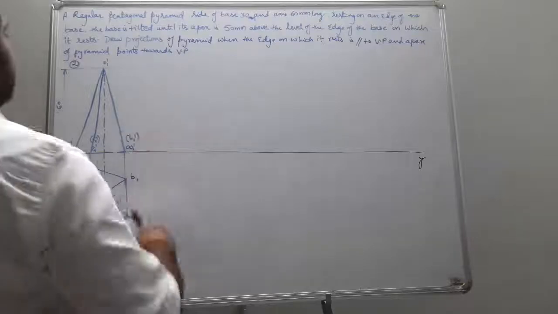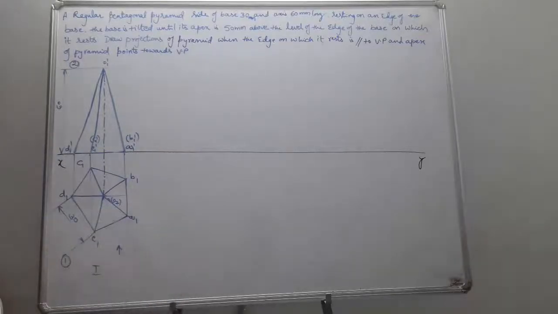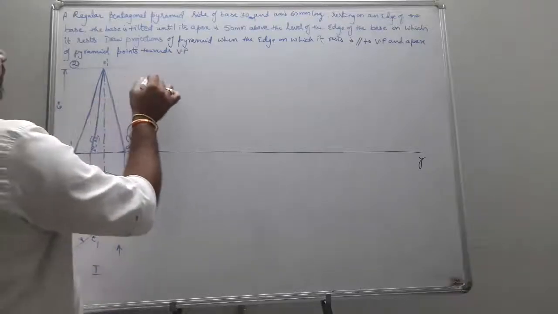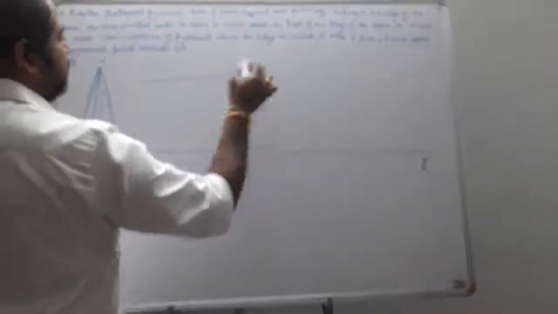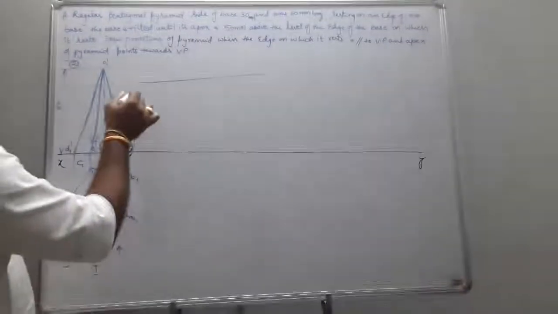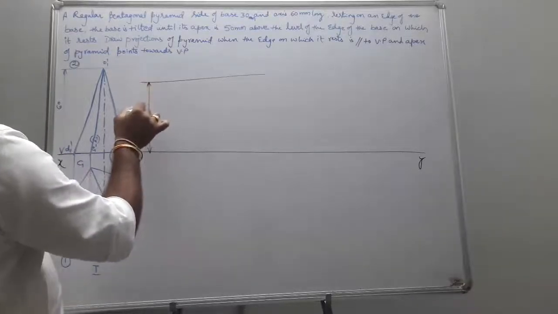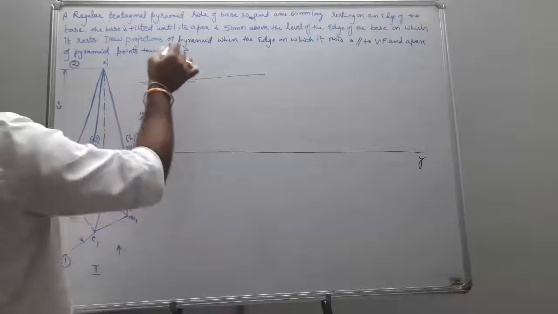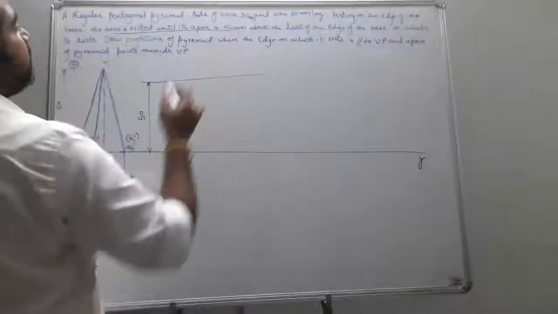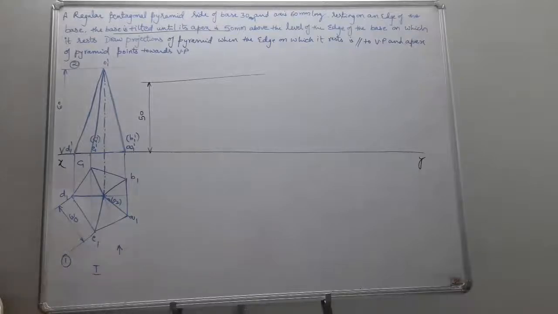So this was the edge. So let us take the height is going to be some 50. So this is going to be the line. This measures, for your assumption only, let us consider this is some 50. Why? Because apex is 50 mm above the level of the edge.